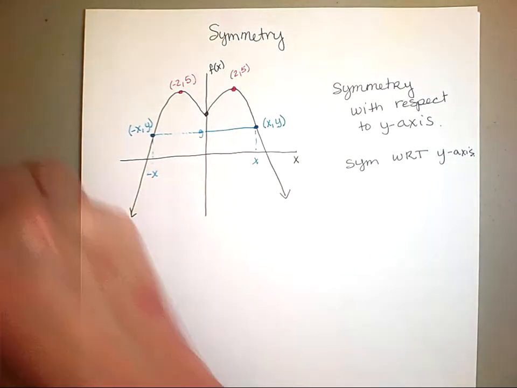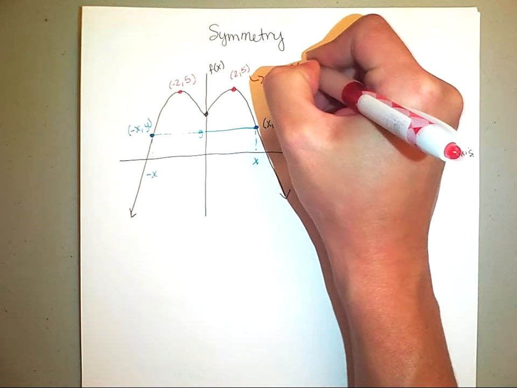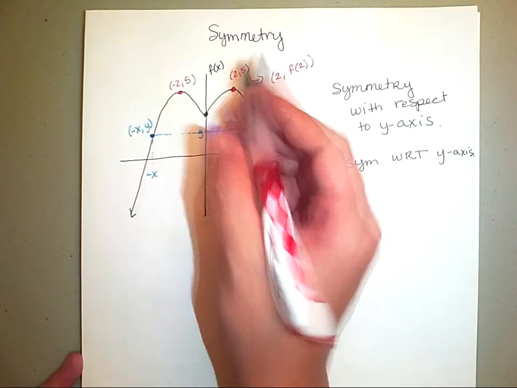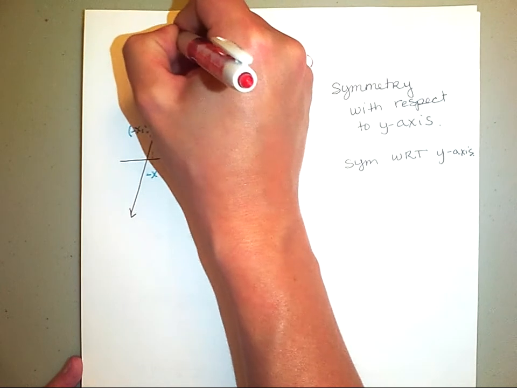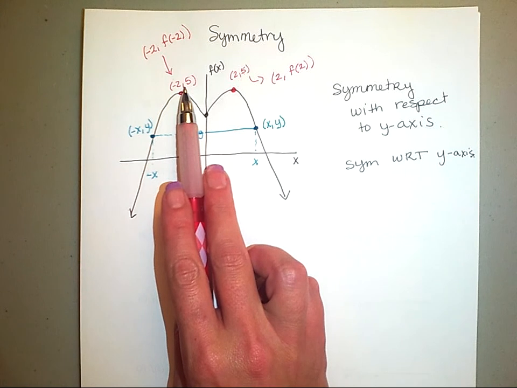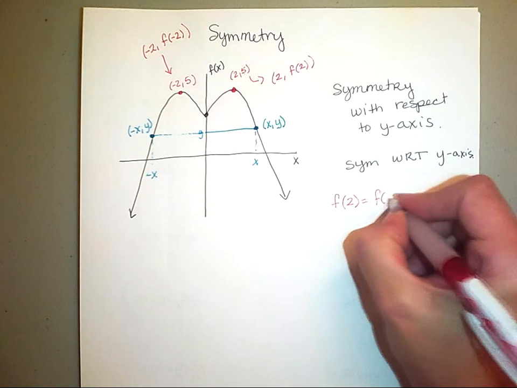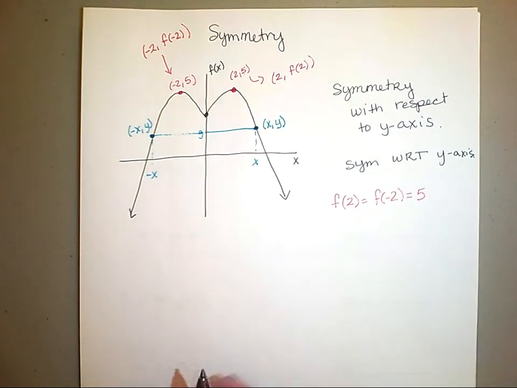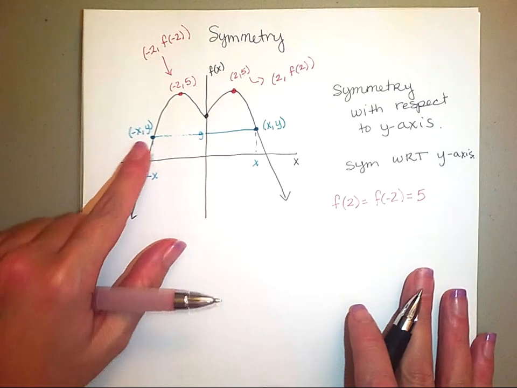So what we're saying here is that this is really 2, comma, the function evaluated at 2. 5 is the function evaluated at 2, that is the height. And then what we're saying here is that this is the point -2 and the function evaluated at -2. That's our y point. So what we'll notice then in the red is that f of 2 is equal to f of -2, and we just happen to know that that's 5. But this is an important part of symmetry with respect to the y-axis.